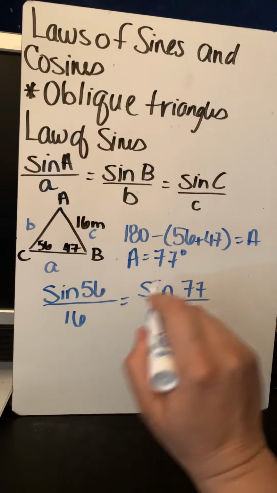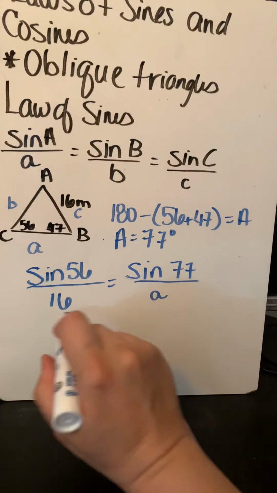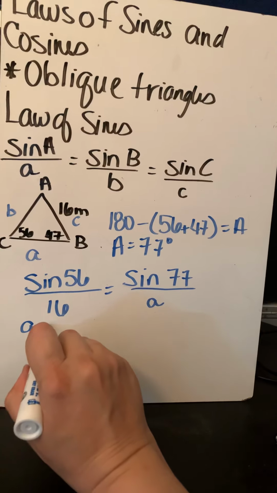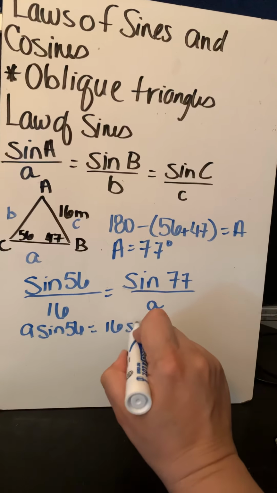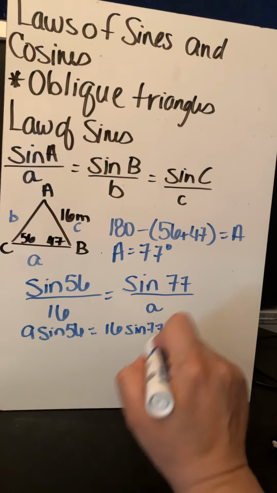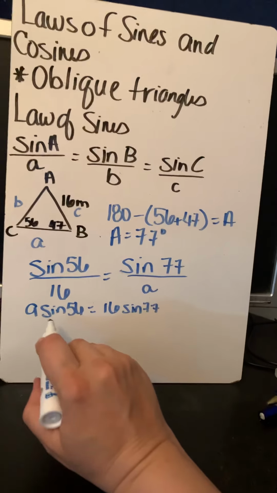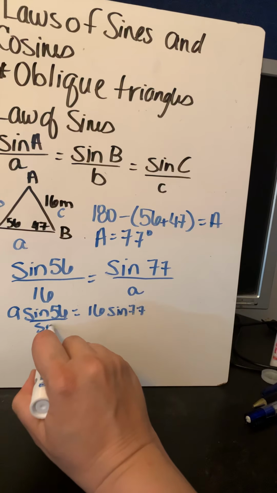When two proportions are set equal to each other, cross multiply to solve. A sine 56 equals 16 sine 77. Well, how do you get little a by itself? Just divide by sine 56.